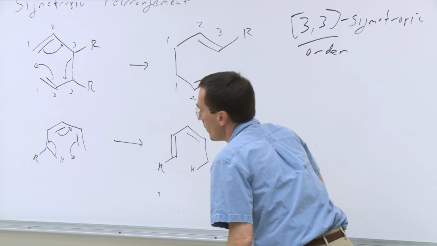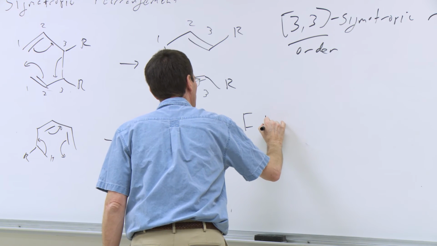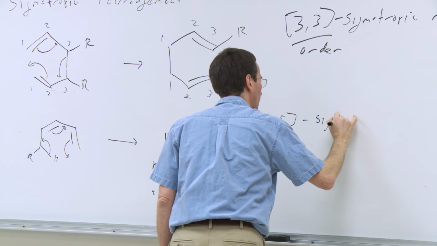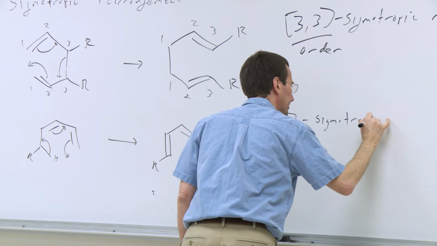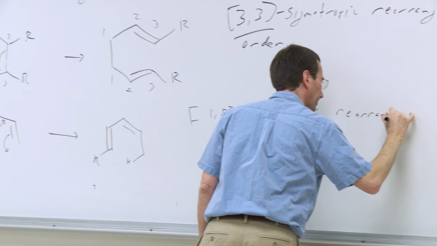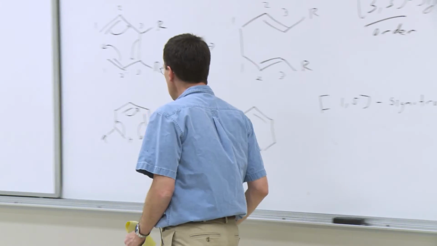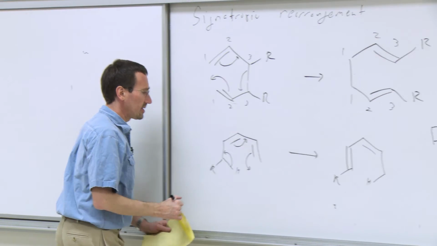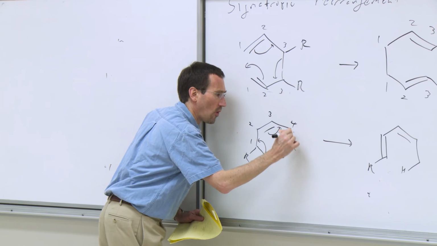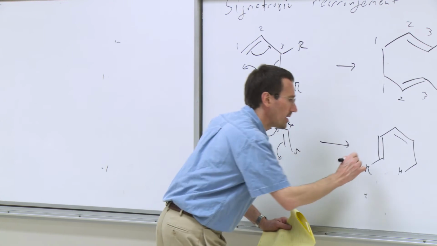And we would call this a 1,5 sigmatropic rearrangement. And again, we can number across the system 1, 2, 3, 4, 5. The hydrogen gets number 1.